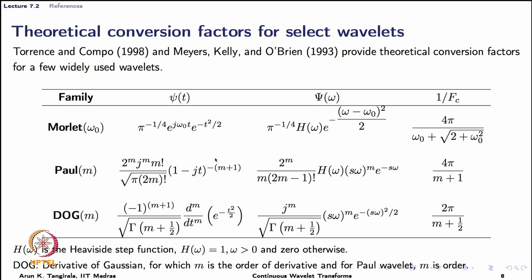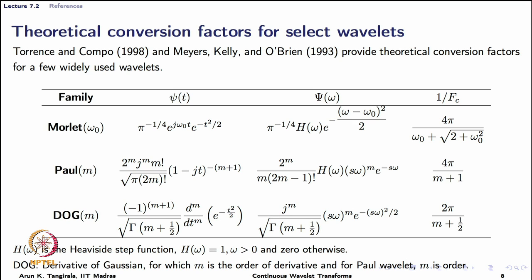And the other point that I want to make here is, typically we talk of converting scale to frequencies for wavelets that are so called analytic or regular, that is for wavelets whose power spectrum is 0 at negative frequencies. Recall the definition of analytic signals. We rarely talk about converting scale to frequency for wavelets that are not analytic, that is whose spectra are not 0 for negative frequencies.